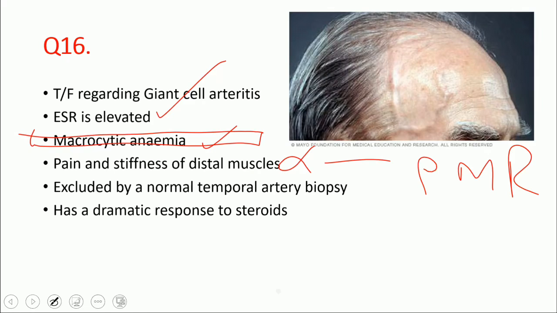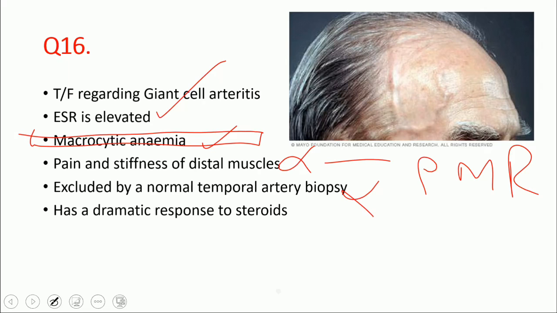So nowadays, in addition to the temporal artery biopsy, which you might ultimately do, you also do a Doppler of the temporal artery. You can't exclude the disease by a normal temporal artery biopsy because the disease can be patchy.